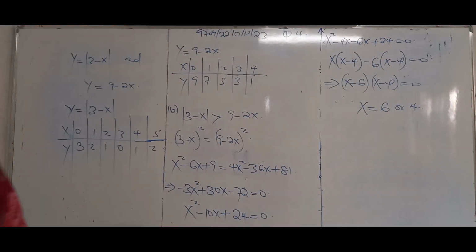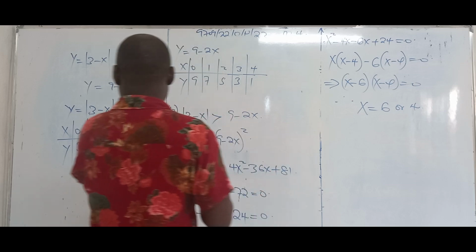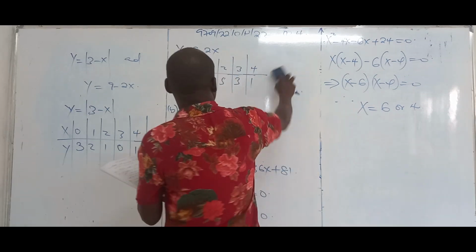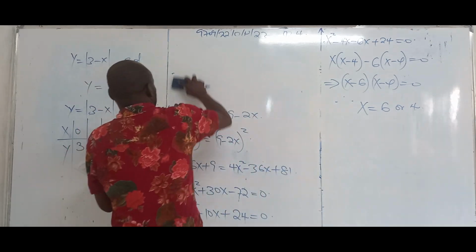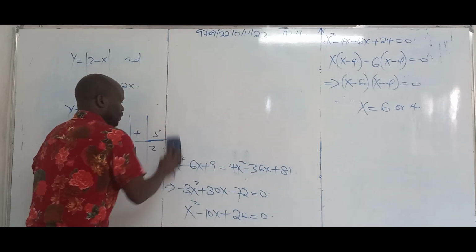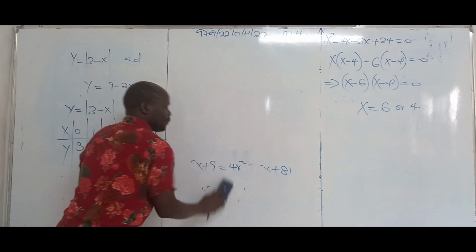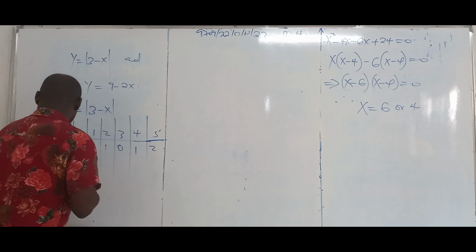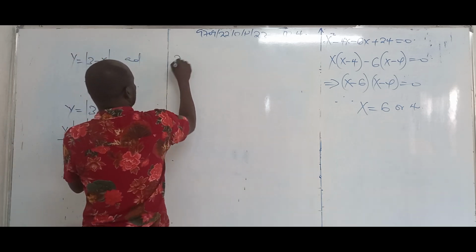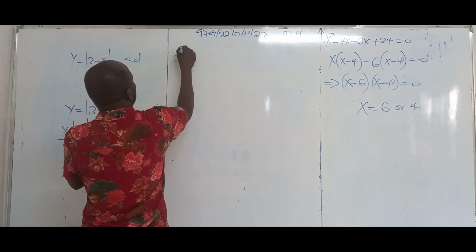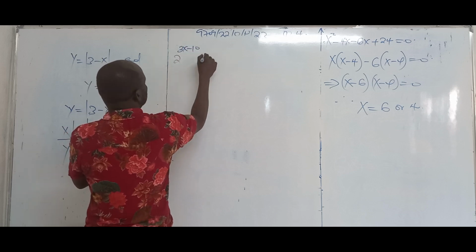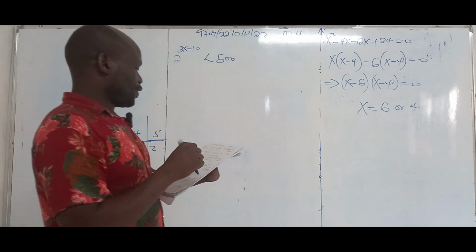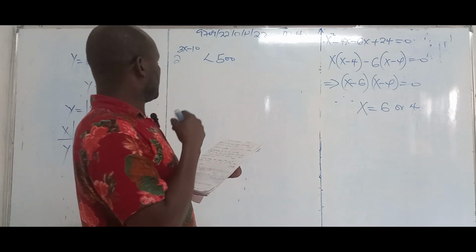Then, part C of the question is saying use logarithms to solve the inequality 2 raised to power 3x minus 10 is less than 500.